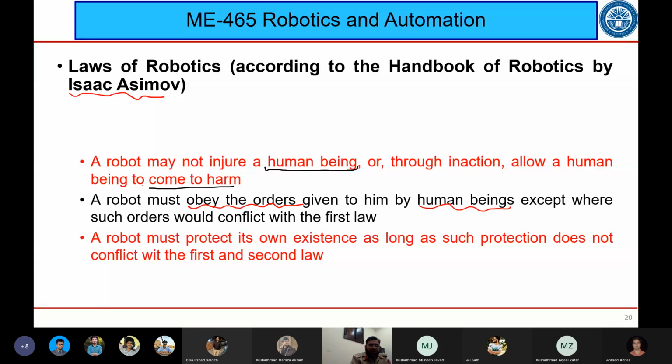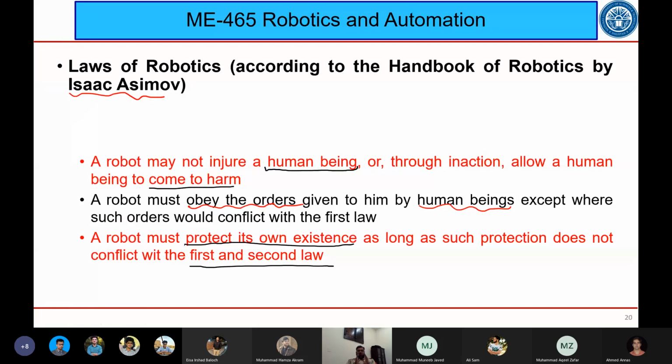And then एक third law which also came into being, and that was: a robot must protect its own existence, as long as such protection does not conflict with the first and second law. So अपने आप को protect करने के लिए ह्यूमन बीइंग को harm नहीं करेगा, ये भी ध्यान में रखना है.